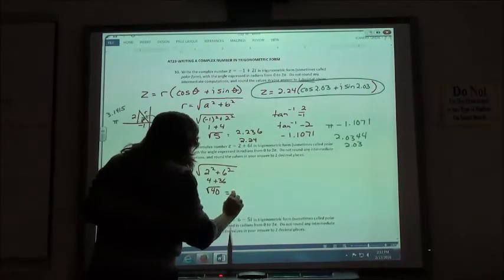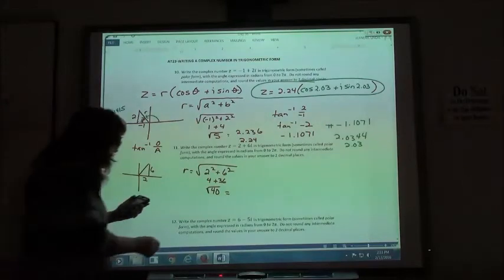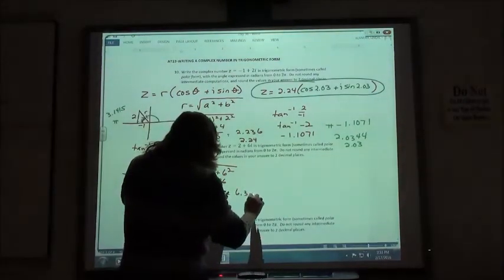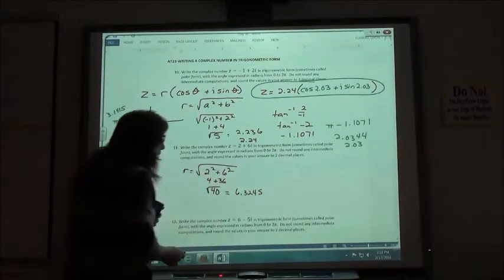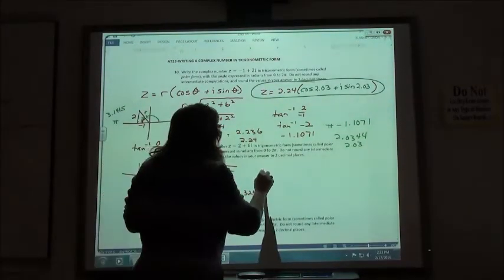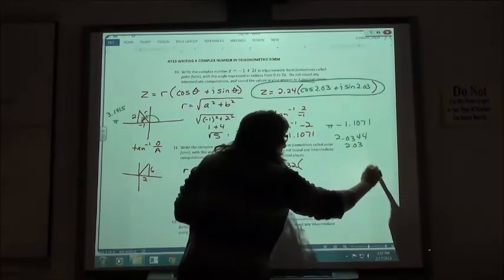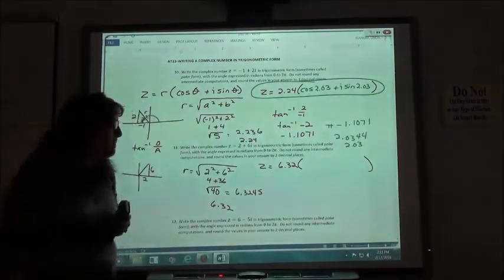I'm going to use my calculator. Square root of 40 gives me 6.3245, rounding to 2 decimal places, 6.32. So z is going to equal 6.32, and then I'm going to do the rest of my problem.